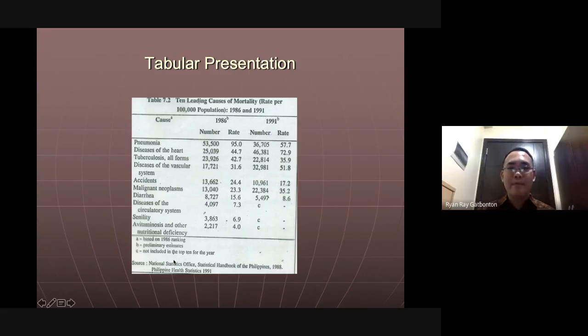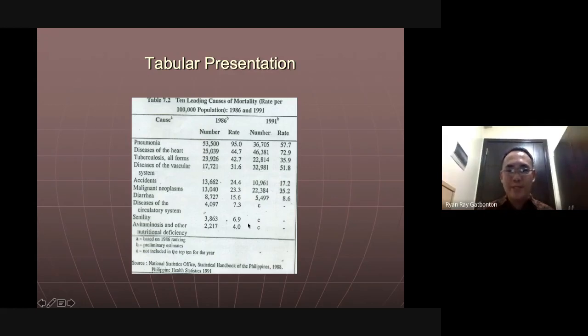Now, in APA format also, the whole table is not given borders. The only table borders are the line above the column heading and the line below the column heading.